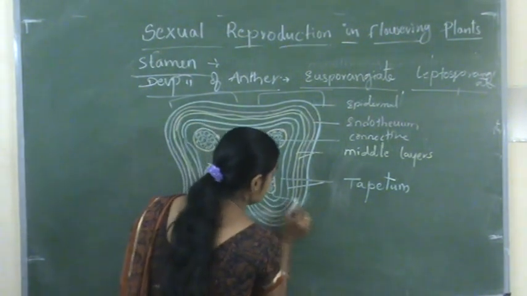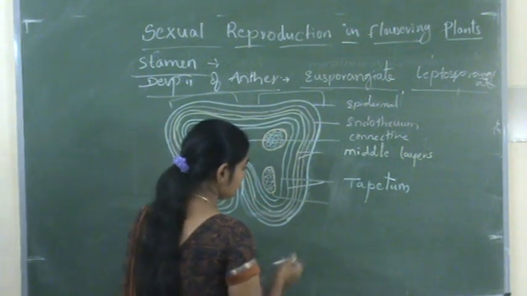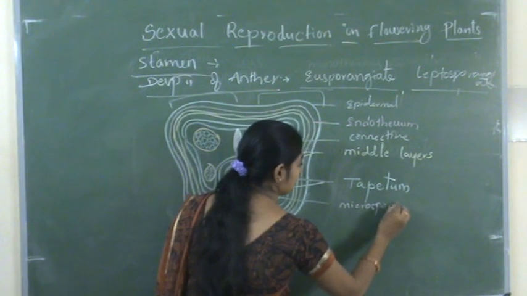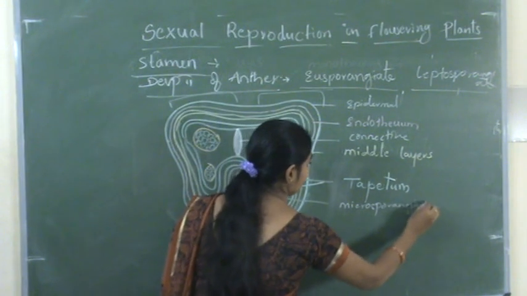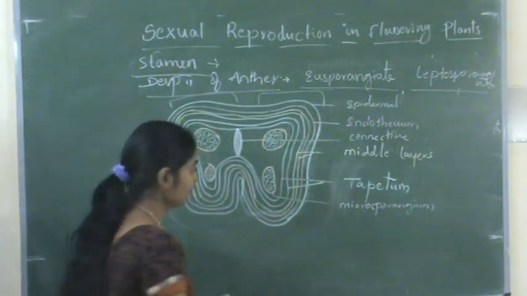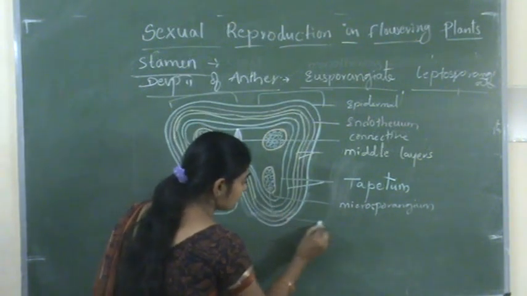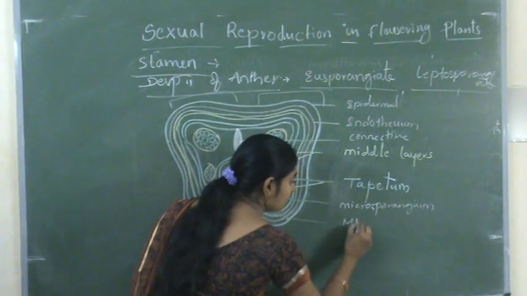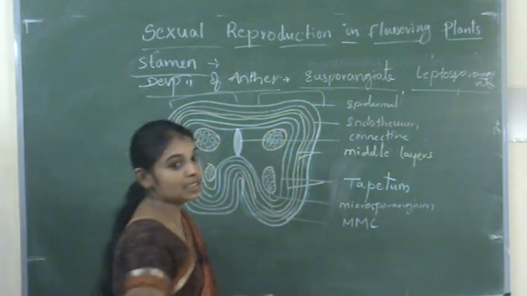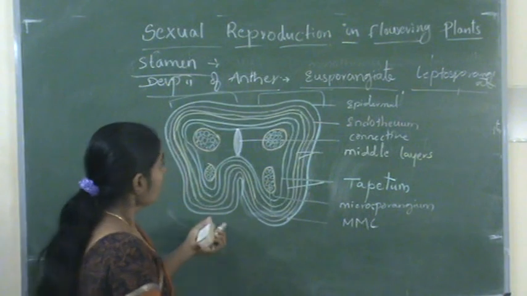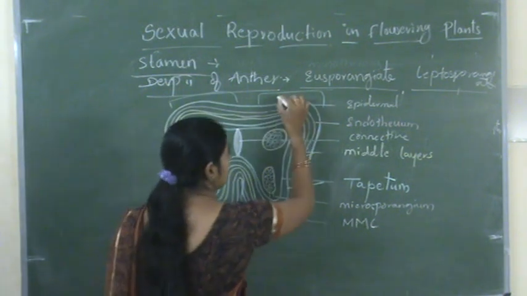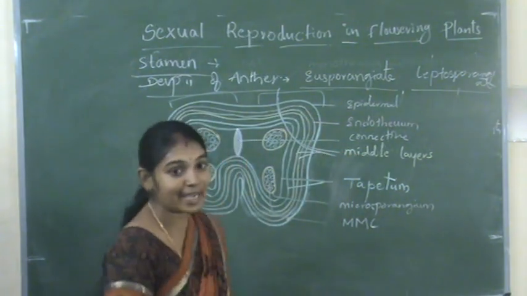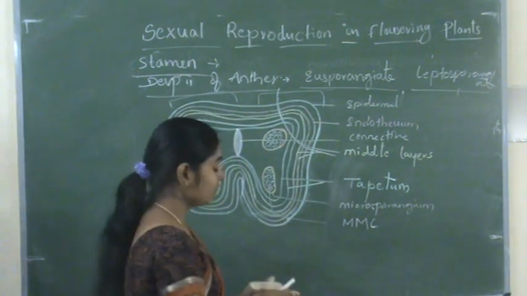So these are called microsporangia. And inside this, if it is a matured anther, these are microspore mother cells. Now let us see the layers of the anther in detail.